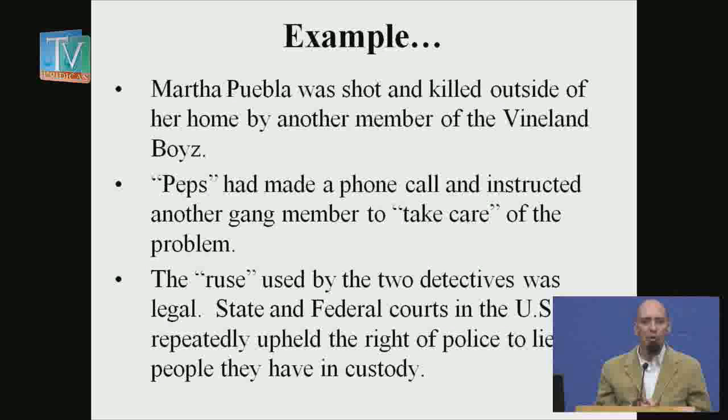The LAPD had not told Martha or her parents that they had lied to this gang member. They had done nothing to protect her safety, and they actually hadn't even realized that this guy had made a phone call telling another gang member to take care of her, right?